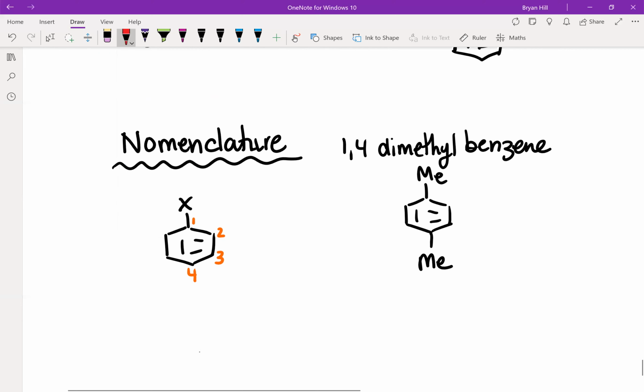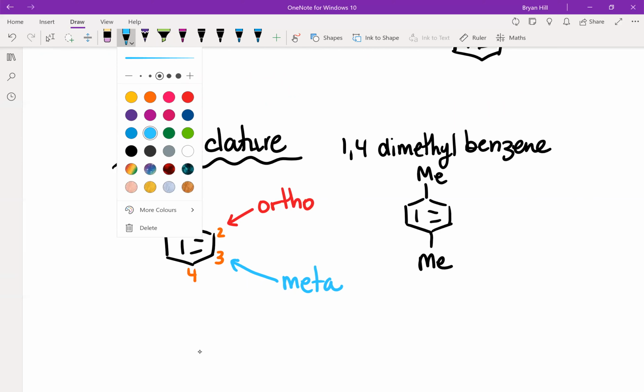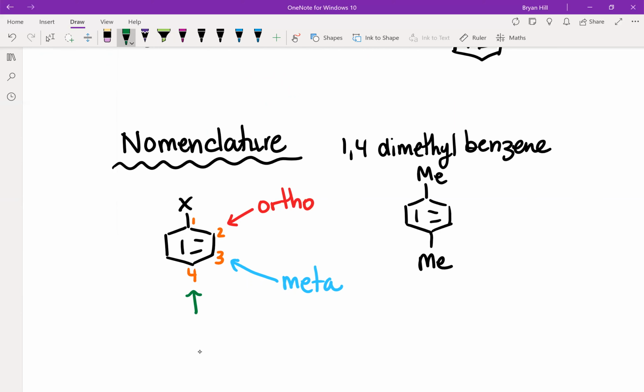There are also alternatives for each one of these positions. Position 2 is sometimes called ortho. Position 3 is sometimes called meta. And here is where this would be para.